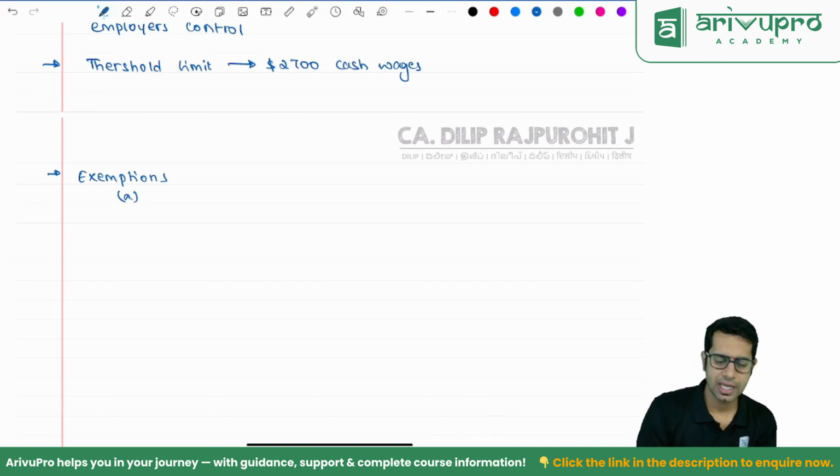Just like that, exemption will be given if the wages are paid to a spouse. Meaning if the wages are paid to a spouse, then this nanny tax will not be applicable.